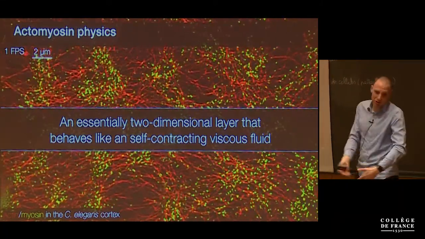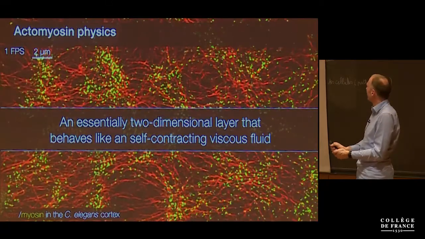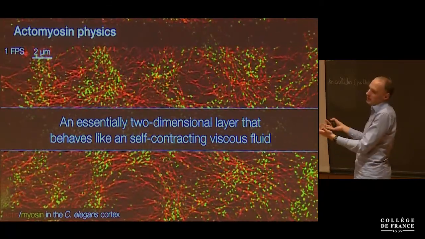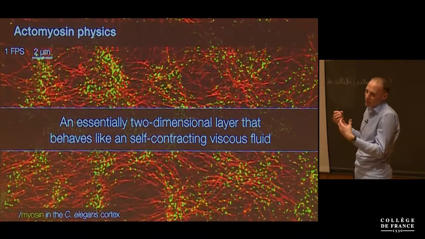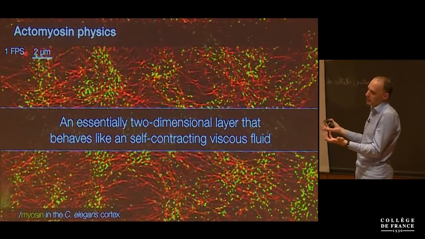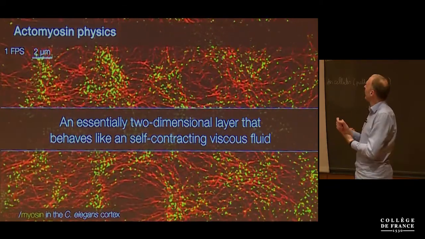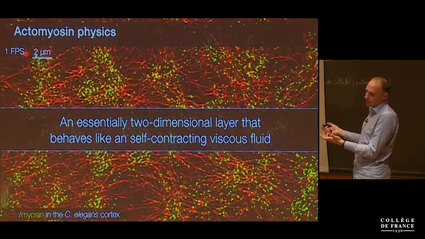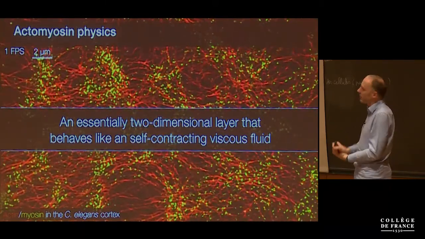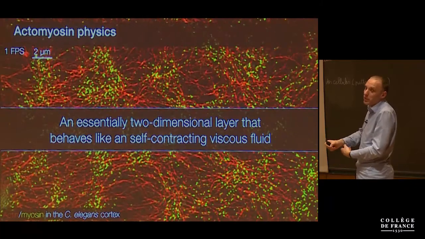We've been pursuing the approach that Jean-François has also outlined, which is to treat this material as a piece of active matter, as a thin layer of a basically self-contracting viscous fluid, where the forces that drive self-contraction come from a chemical fuel that's present.